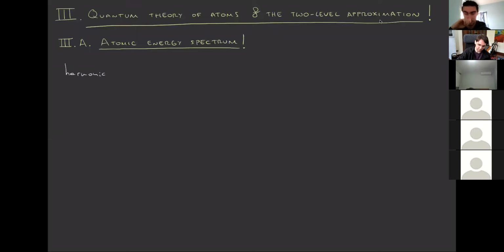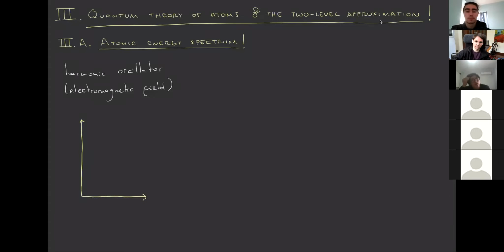So we have been studying the harmonic oscillator, which describes the electromagnetic field. And for this context, the most important thing about the harmonic oscillators and the electromagnetic field is that you can define an energy spectrum.